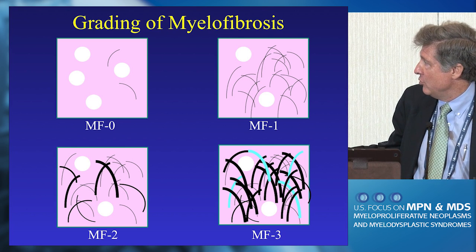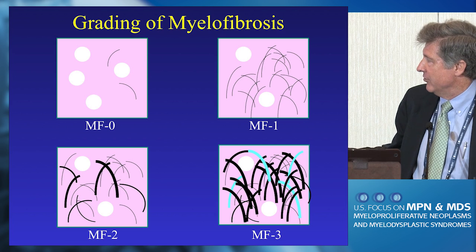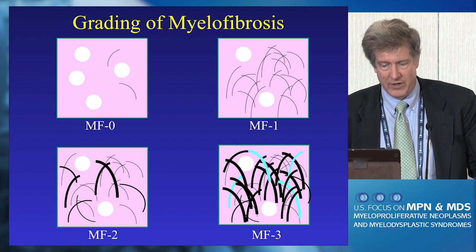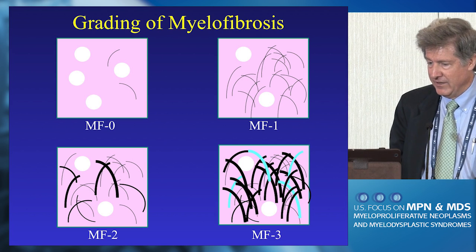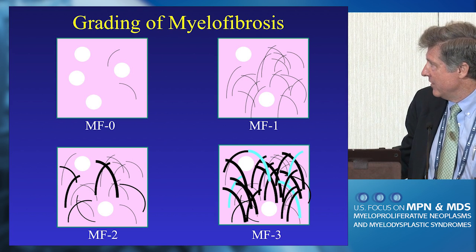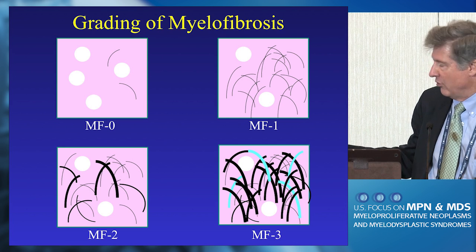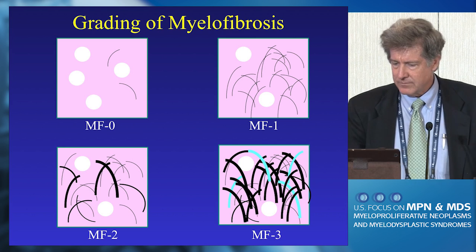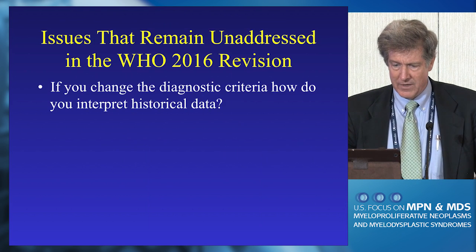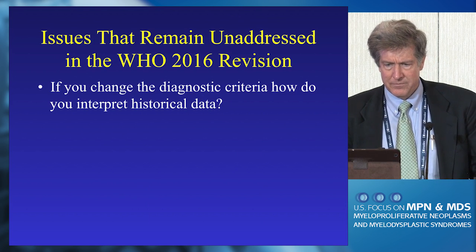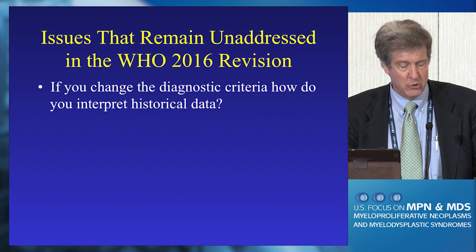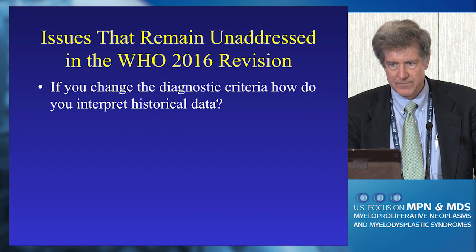For MF2, those fibers frequently intersect and also include large bundled fibers. And for grade 3, in addition to increased numbers of large bundled fibers, there's also the presence of collagen fibrosis. And they recommended collagen staining for patients who have grade 2 or 3 fibrosis.